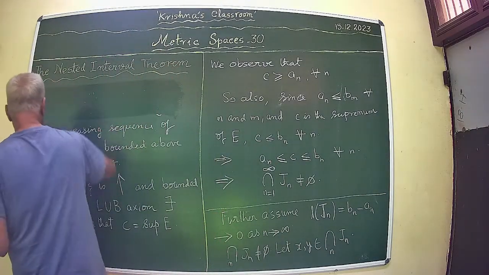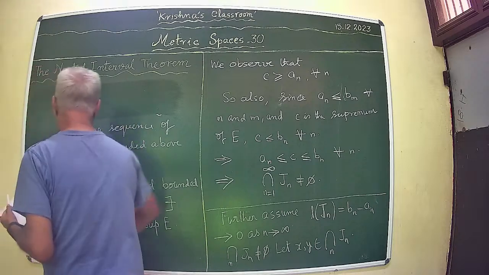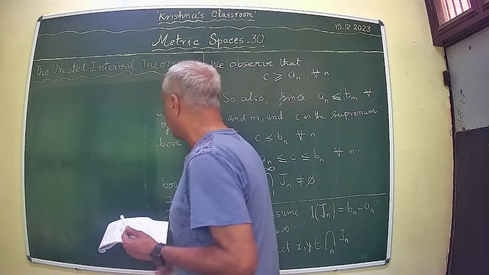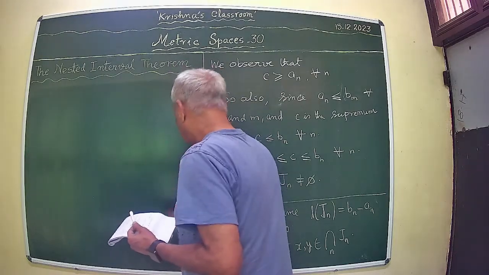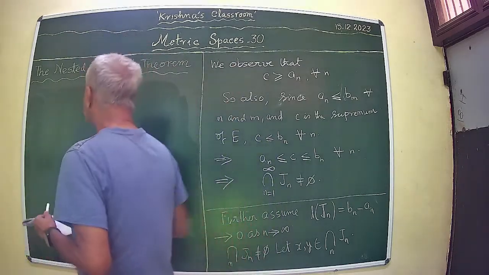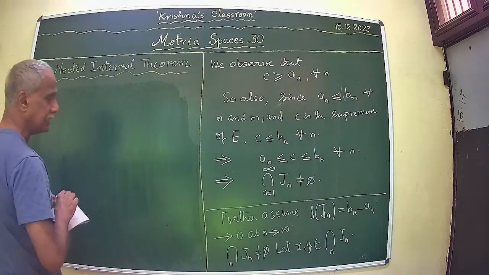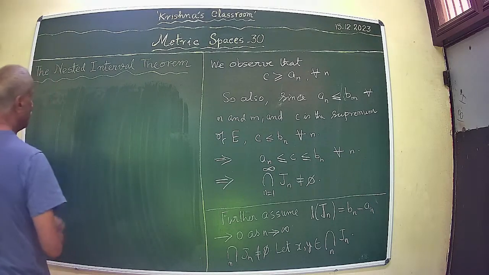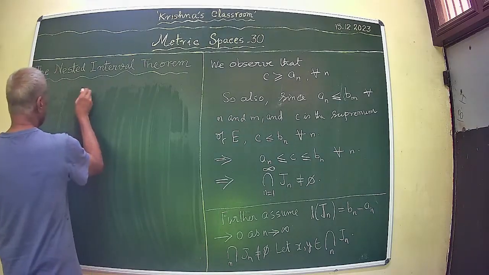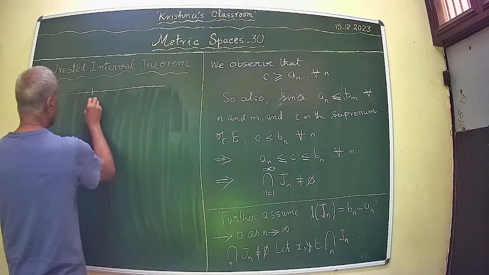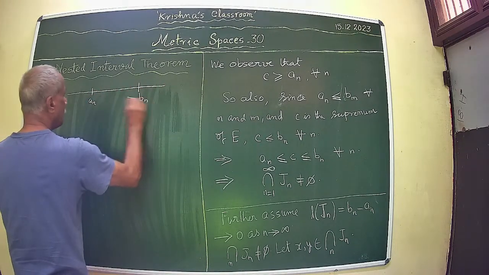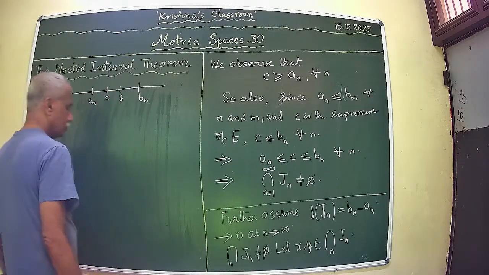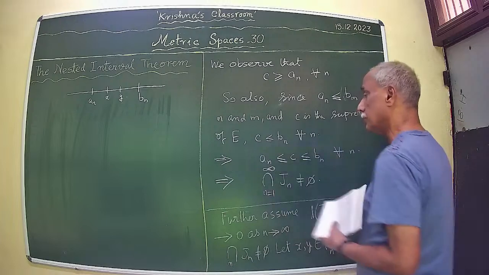We want to say that under the assumption that the length of Jn goes to 0, the limit is unique. Suppose x and y are such that they are in the intersection of Jn. So you have this result, and let us assume x is less than y. So in general this is going to be the structure that you have.